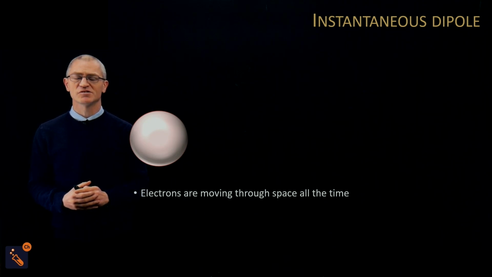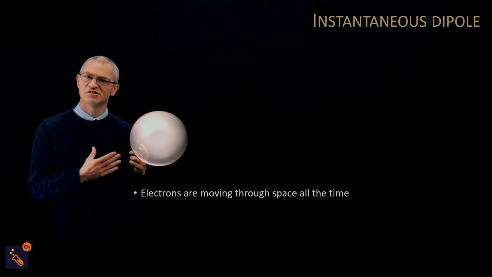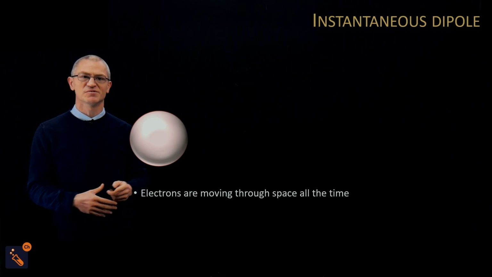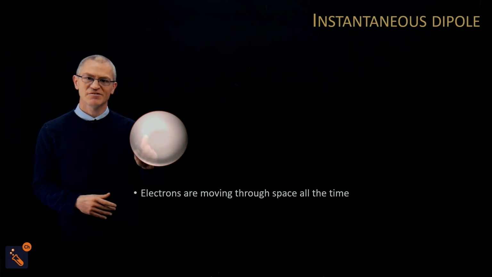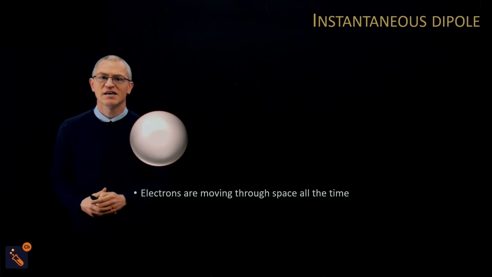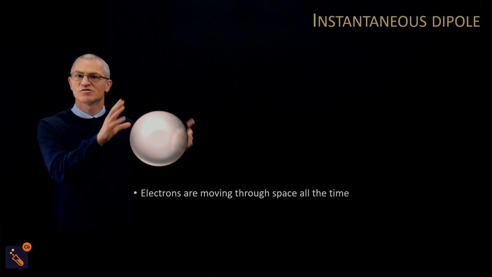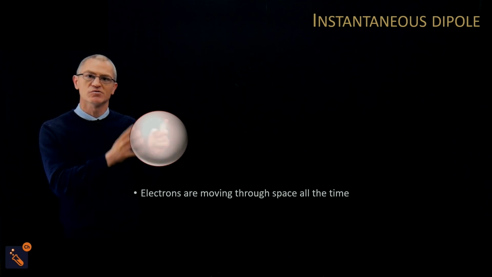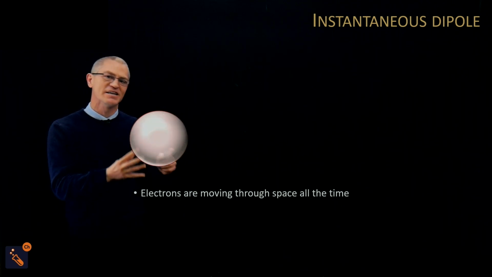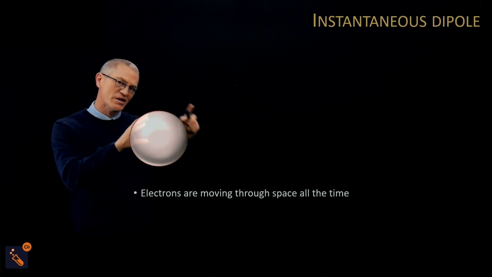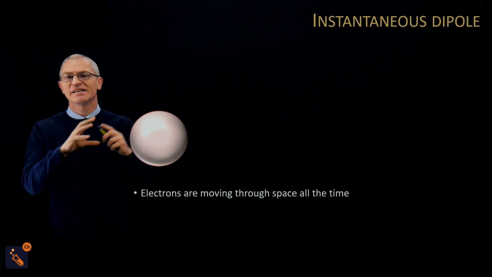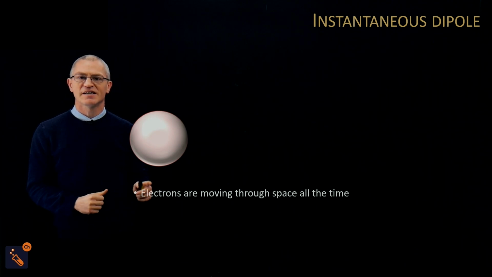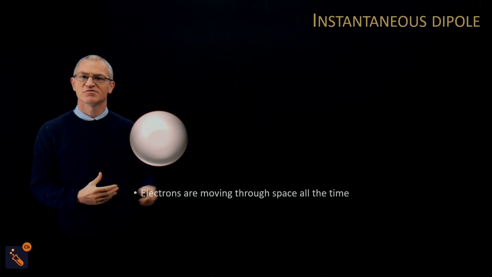Now let's talk about London dispersion forces, and the journey we have with London dispersion forces is first talking about something called an instantaneous dipole. Now, here is a normal atom, and inside that atom, the electrons are moving all the time. They could be anywhere at any time, so there are lots of electrons and they might be over here, here, and they get distorted because they're moving through space all the time.